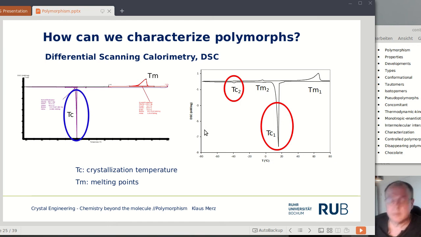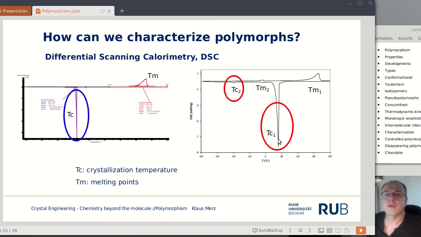This picture I've shown you in the earlier slide. This is the case, for example, if you have polymorphic behavior, or this is an indication, a hint that something is going on. So it's not easy. This is not a typical picture you would expect, or a typical result.